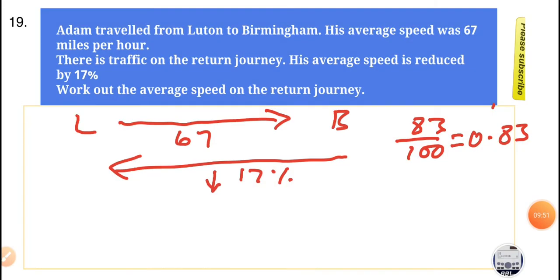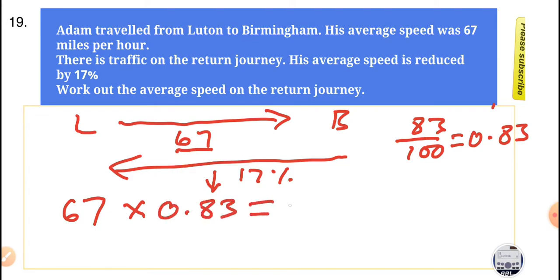So now we can say the speed originally was 67 on the way from Luton to Birmingham, and on the way back, because it reduced by 17%, the decimal multiplier is 0.83. If you do that in your calculator, you'll get 55.61 miles per hour.